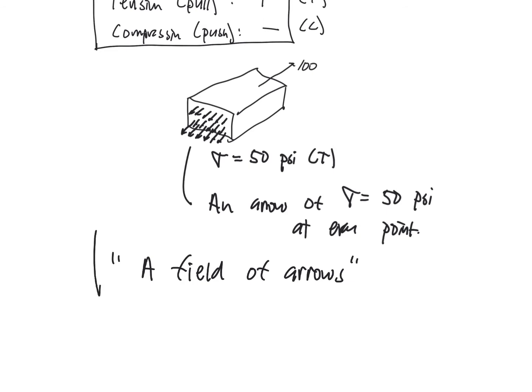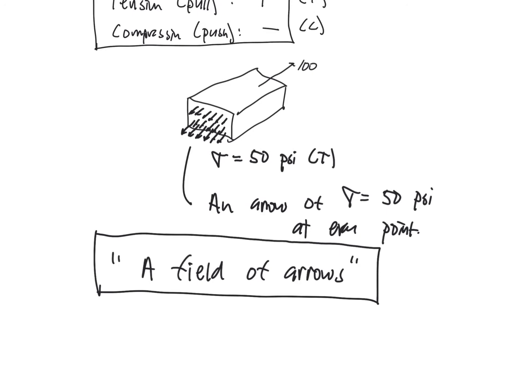It's like you're at an archery competition and you've got all these arrows on that face. They're everywhere on that particular cutting plane, and they all have that orientation, going in the direction of those little arrows. At every single location, they have a value of 50 psi. So we have one arrow that shows the force, and then a field of arrows that shows the point-wise transfer of what's happening inside of that solid when we make that particular cut.